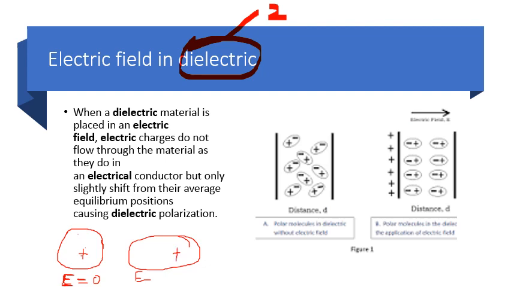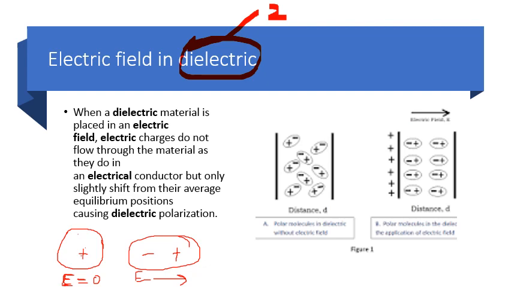Now the center of positive charge and the center of negative charge will not coincide with each other, and the center of negative charge will move towards the left if the field direction is like this. This is called separation of charges, and this is called polarization or dielectric polarization.